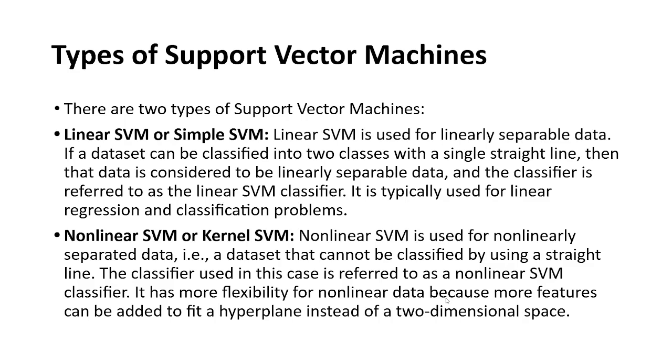So here we can have two types of support vector machine: one is the linear SVM and the other is the non-linear SVM. Linear SVM is for linearly separable, labeled data, which can easily be separated with a margin or any kind of linear line. Non-linear means the data set is not labeled, or is raw data, and cannot be separated with a linear line or any kind of margin.